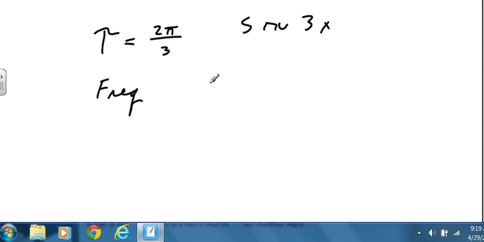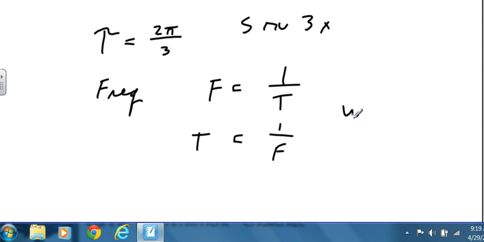Well, frequency is 1 over the period, and period is 1 over frequency. But how does that relate to angular velocity? Okay, so angular velocity, omega, that's an omega in case you're wondering. It's not a W, it's an omega, clearly, is 2 pi times the frequency.